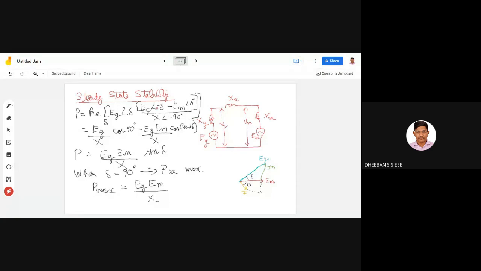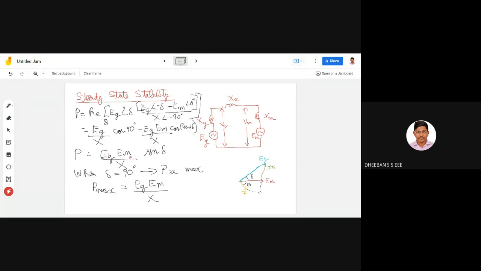The power delivery over here will become Eg square by X into cos 90 degree, and over here minus of Eg Em by X into cos 90 plus delta. So this entire term will be eliminated, whereas this term will remain, and cos 90 plus delta will become minus sin delta.